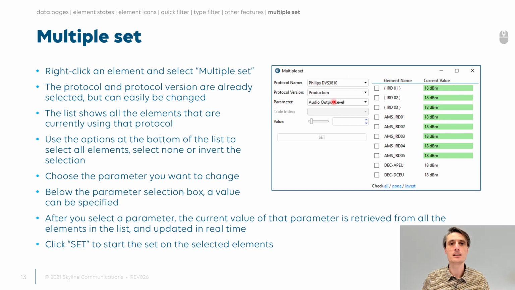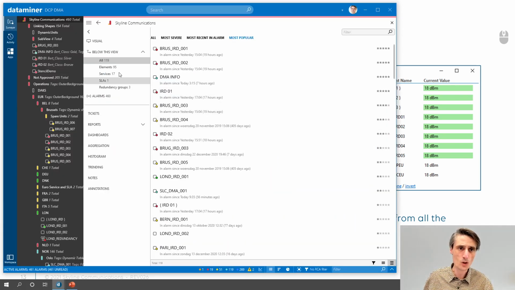And I have the possibility to select a parameter from that driver. And as soon as I select the parameter, I see the current value on all those devices. And I can see like, okay, this is all on 18. Let's maybe check on my system if that's the case as well, or if we need to fix something.